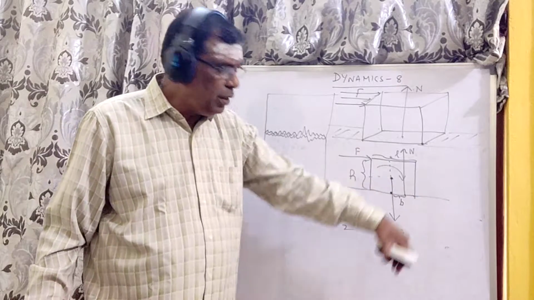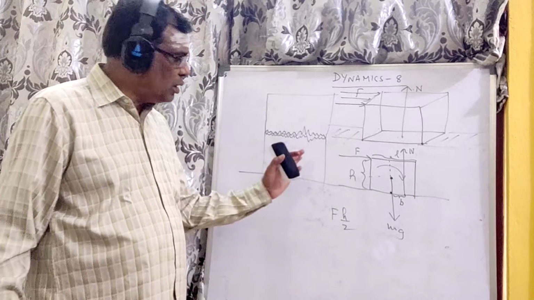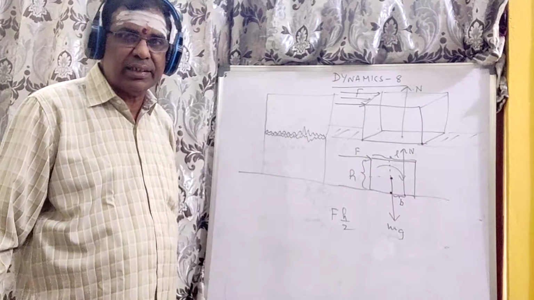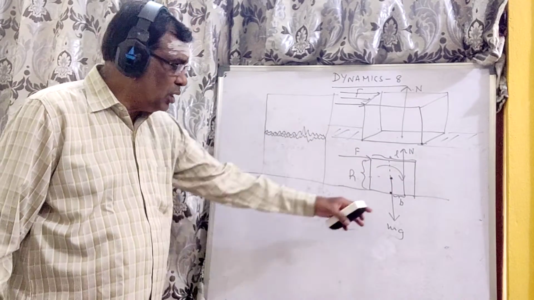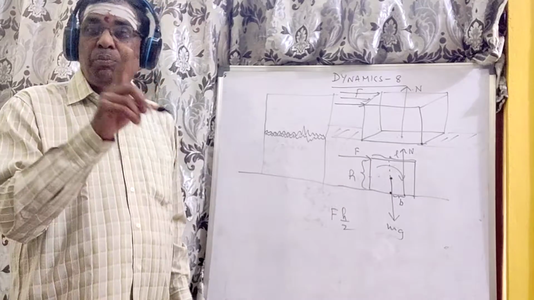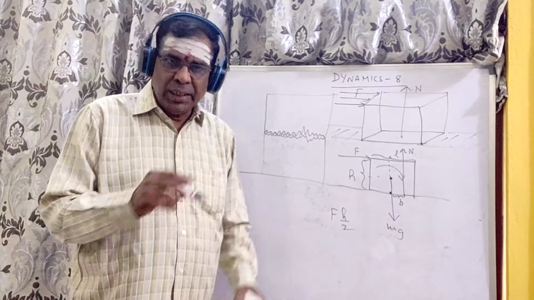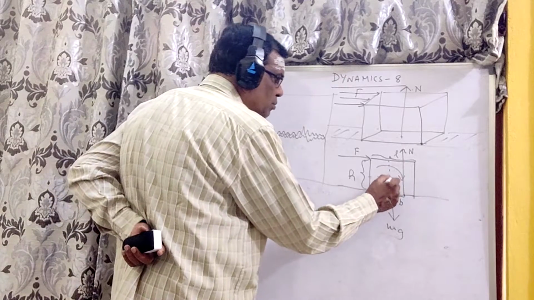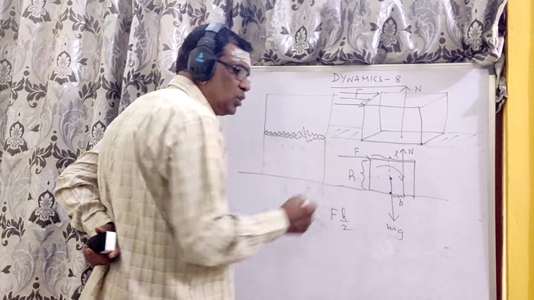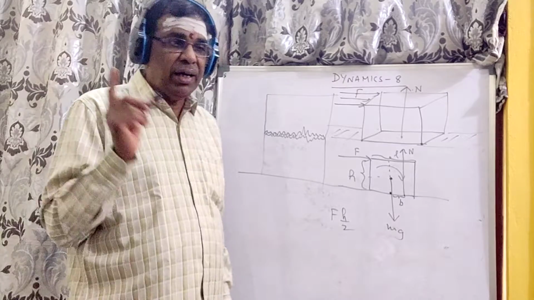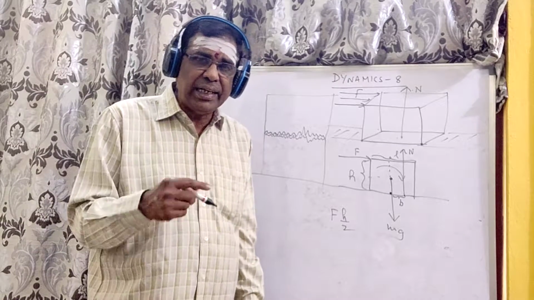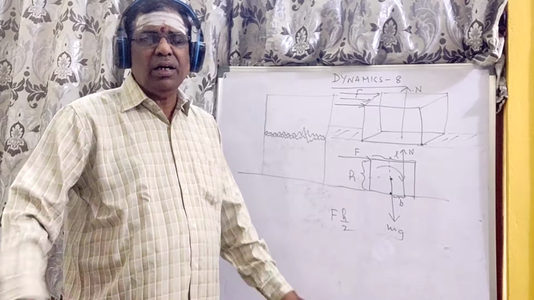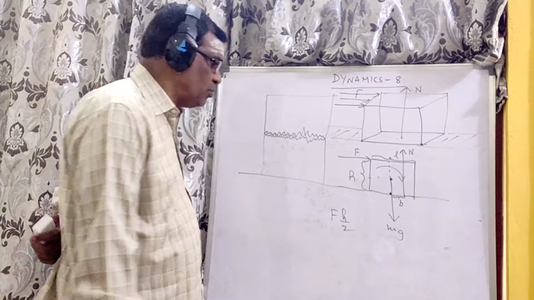So, this will try to tilt the body, rotate the body in clockwise direction. If no other force were present to oppose that, then the body could have toppled. But here if you see, mg is passing through that point. Remember, whenever the force intersects the axis, it can't contribute to any torque or moment of force.